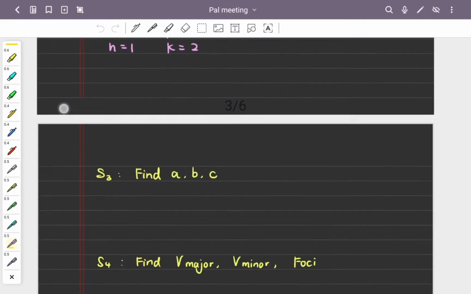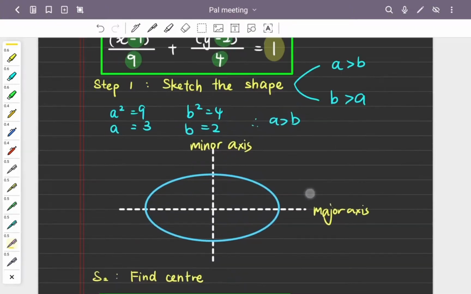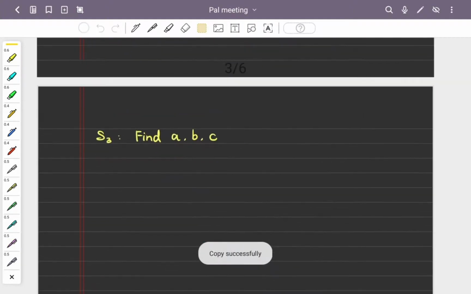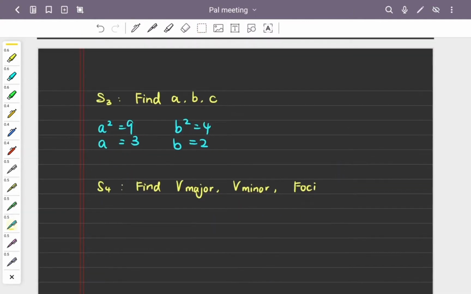Alright, now we need to find A, B, C. A and B you already found, you just copy them down again. And then C: since A is greater than B, you are going to use the formula C squared equals A squared minus B squared.